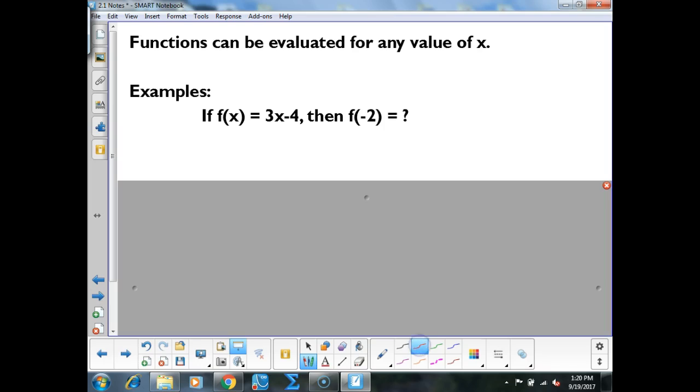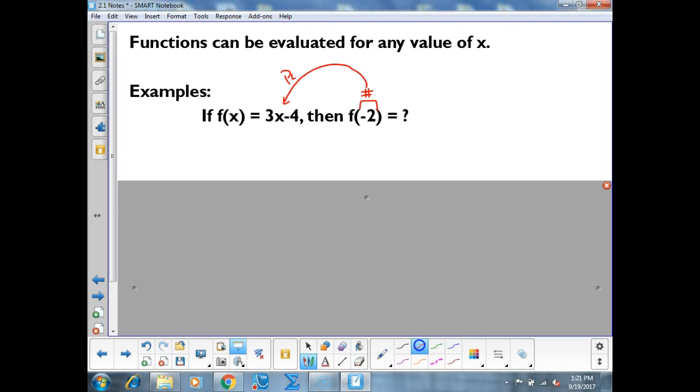So I'm going to take this number and plug it into whatever my function is. So this then becomes, I want to find f of negative 2. So I would take negative 2 and I would replace x with it.